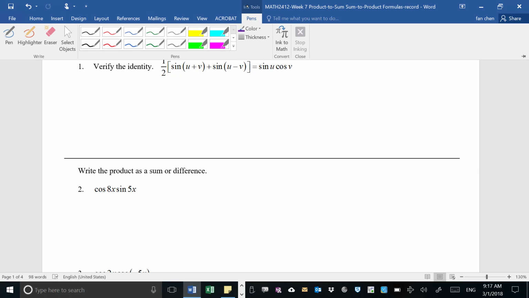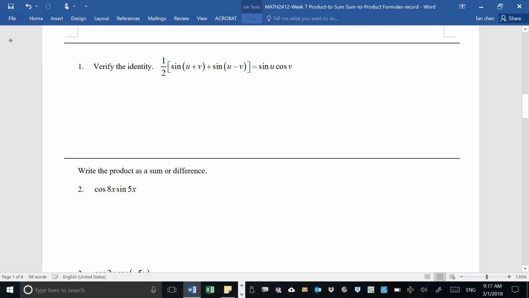If you see this one, the right hand side looks more complicated. Let me start from the right hand side. So the right hand side is equal to half. Then I'm going to apply the sine of the sum of two angles. So that's sine u cosine v plus cosine u sine v plus sine u cosine v minus cosine u sine v.